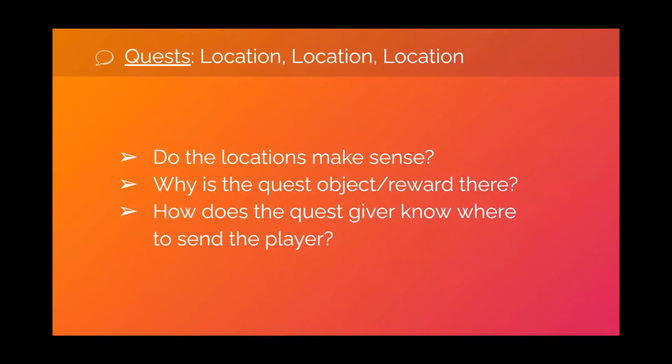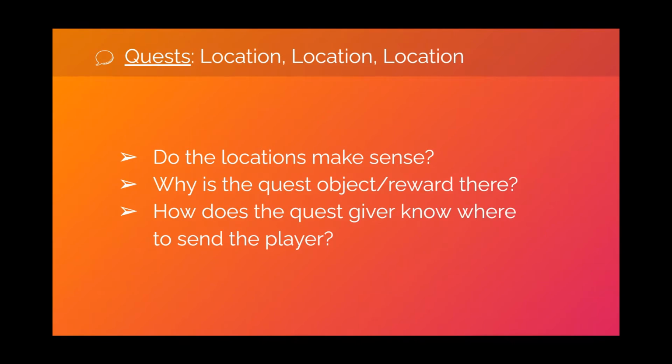What you need to make sure is the locations make sense. If someone lost something in a cave, it's got to be a cave nearby. Or if it's not a cave nearby, they moved to the new city, they used to live near the cave, there was a reason for them to be in the cave. Make sure that there is a reason for the object or reward to be there, that the locations make sense to where you get the quest, and that it makes sense that the quest giver knows where to send the player.